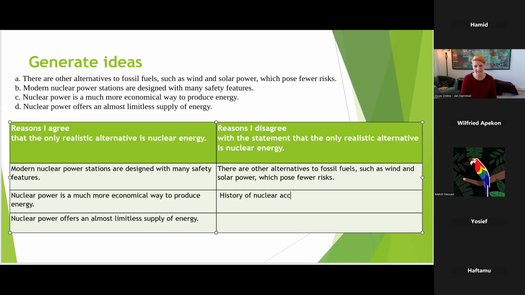Oh, say accidents. So there have been many nuclear accidents. Which alternative form of energy would you advocate? Which would be your first choice for an alternative to fossil fuels?